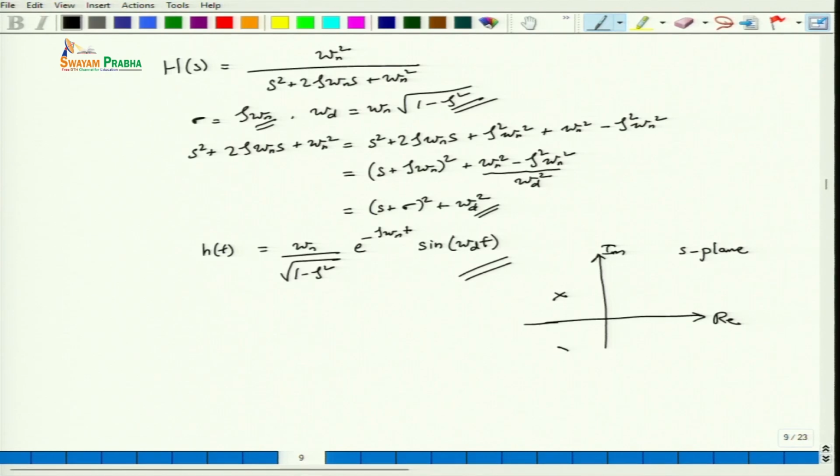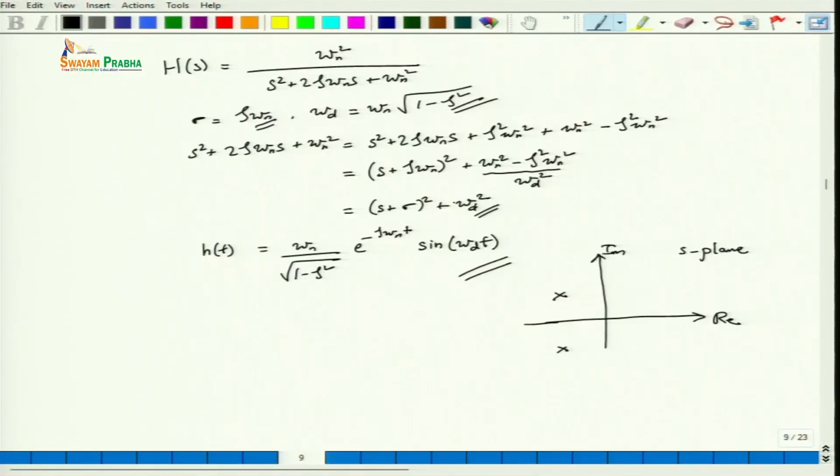Complex conjugate poles always occur in pairs. So the poles here will be, the real part will be sigma, and the imaginary part will be omega d.